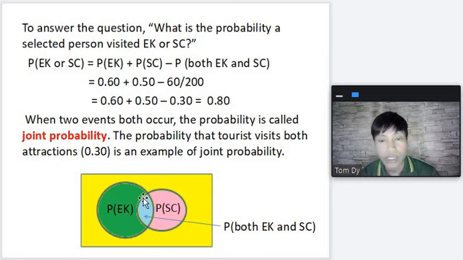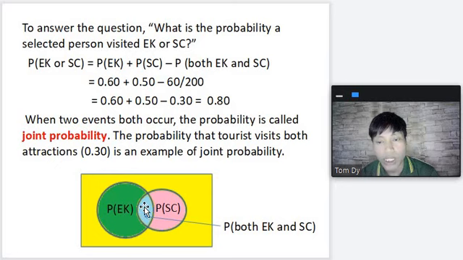So by Venn diagram, this one represents the probability for Enchanted Kingdom, the probability of tourists entering Enchanted Kingdom. This one is the probability of tourists entering Star City.